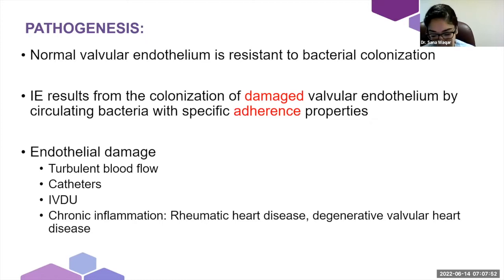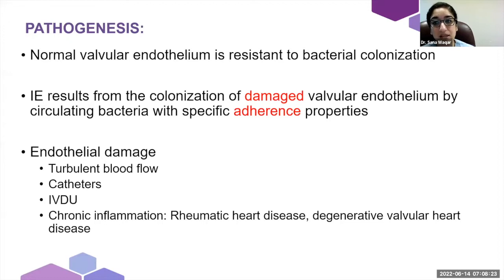So you need a valve or valve surface that is damaged, that has damaged valvular endothelium. Whether that be because of iatrogenic causes, because of turbulence, because of stenosis of the valve, or because of underlying rheumatic heart disease, or degenerative valvular disease. So basically, you need an abnormal, damaged valvular endothelium, and then you need a bacteria or microorganism that is very sticky, if you may.